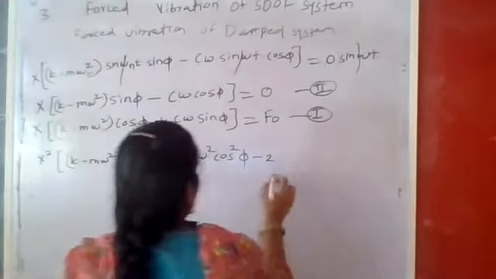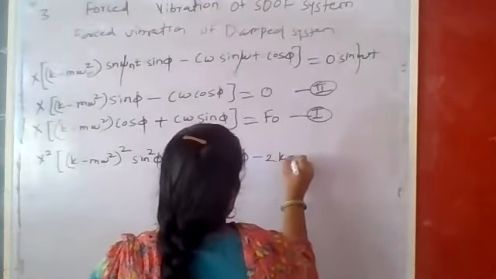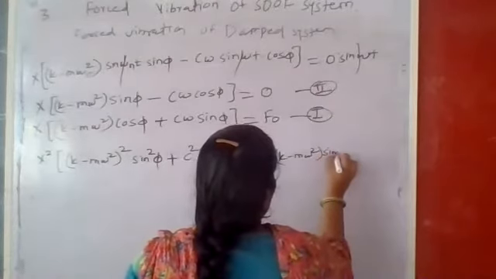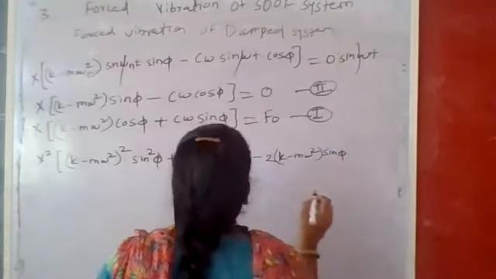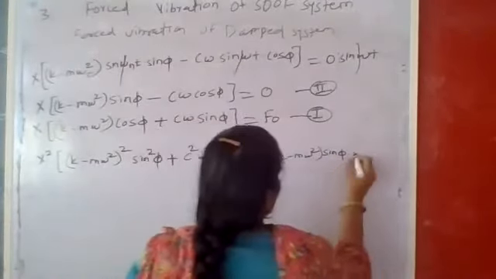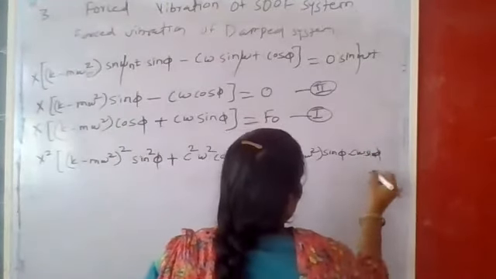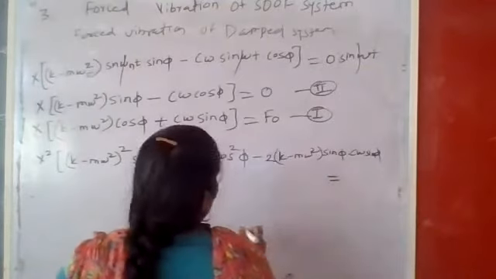A is (k minus m omega square) into sin phi, into the second term, that is c omega into sin phi, and that is equal to 0.